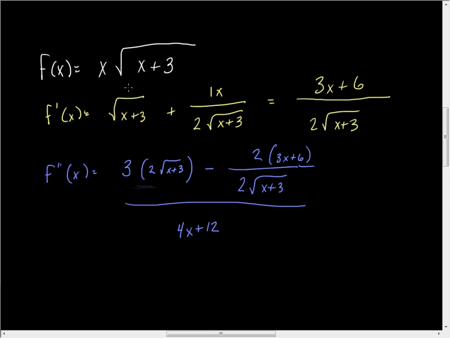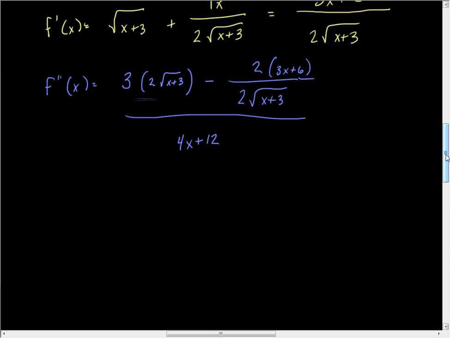And now we need to do some work here in order to get this rendered down to something usable. So again, we can go ahead and get a common denominator, and that's what I'm going to do here. My common denominator will be 2 root x plus 3, and this is just for the top. So I have 2 root x plus 3 times 2 root x plus 3, which gives me 4x plus 12.